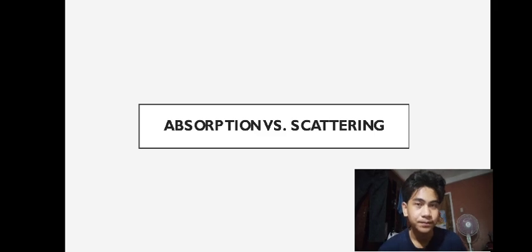So now, we will compare absorption and scattering. Someone please provide their understanding of how it differs in what we observe in our surroundings. In absorption, the color observed in a substance often results from the absorption of specific wavelengths of light.